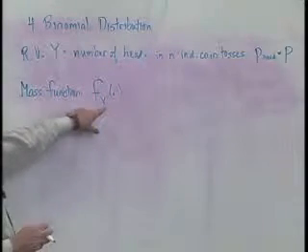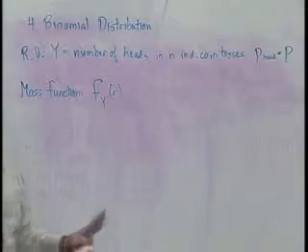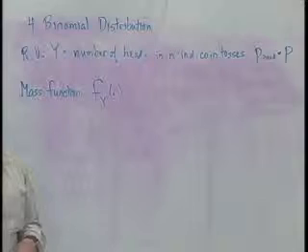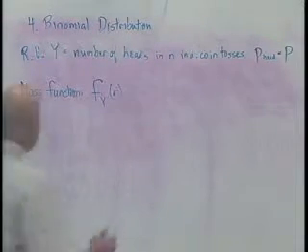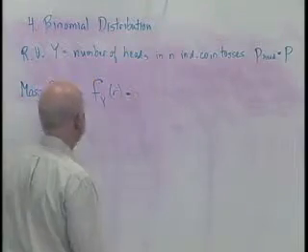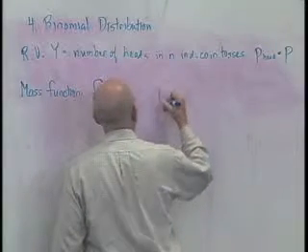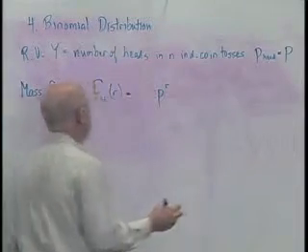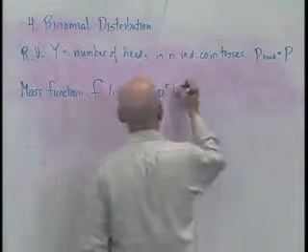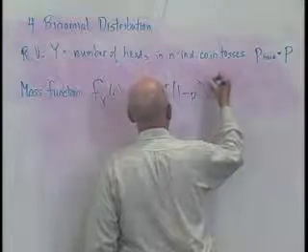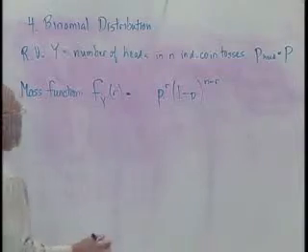This means the probability that this random variable y assumes the value r. That is the probability of the event: you toss this coin n times and it comes up heads r times. And we know perfectly well how to work that out. First, the probability that r specific tosses will give heads is p to the r. The probability that the remaining n minus r tosses will all come up tails is 1 minus p raised to the n minus r.